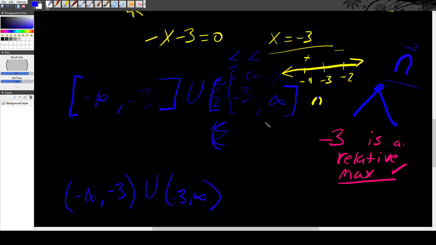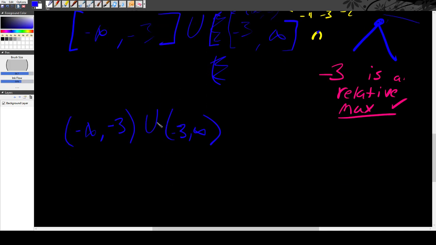Sometimes they use brackets around infinity, sometimes calculus textbooks don't. I generally use brackets because I think it looks nicer. Depending on which way you write it, it could be this or that. Either one will work in most cases.